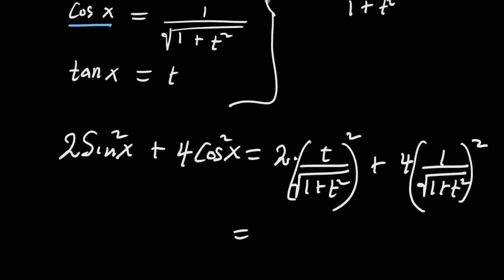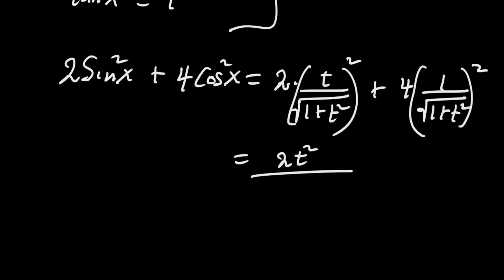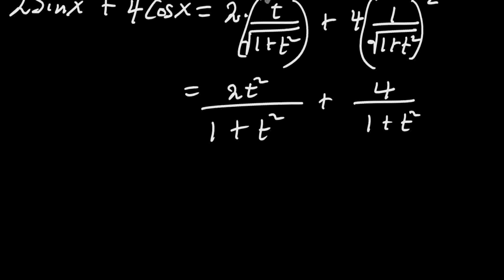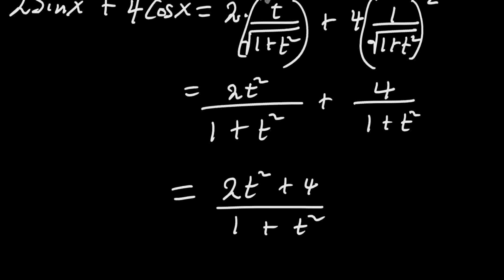So this will be 2 times t squared over 1 plus t squared plus 4 over 1 plus t squared. Now we have a common denominator of 1 plus t squared, so this will become 2t squared plus 4 over 1 plus t squared.